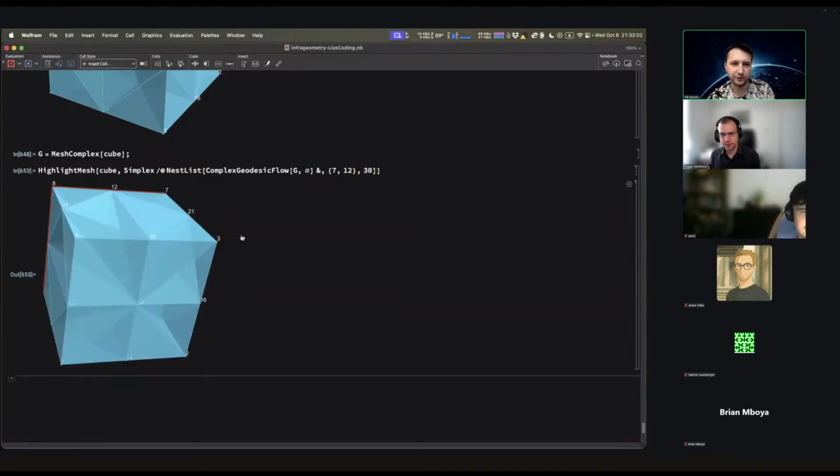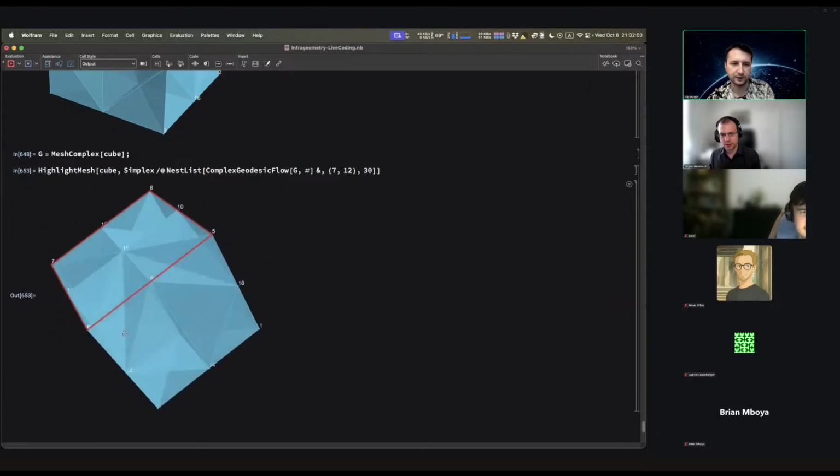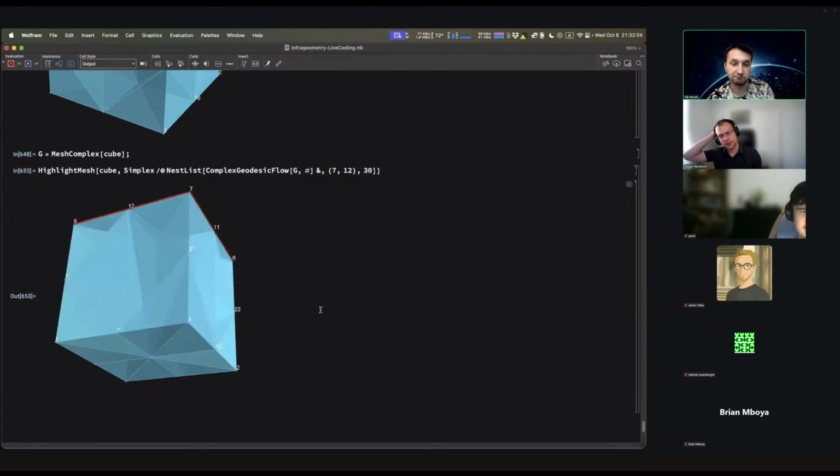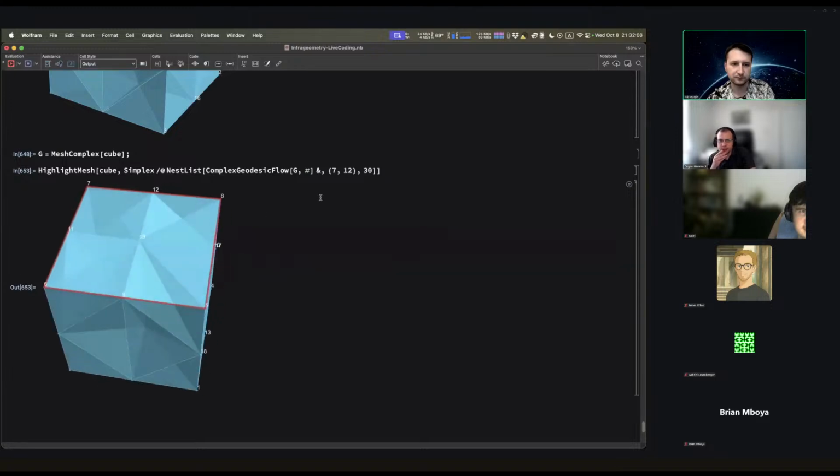Try with an edge instead. Okay, that goes like this. Let's get something more round.